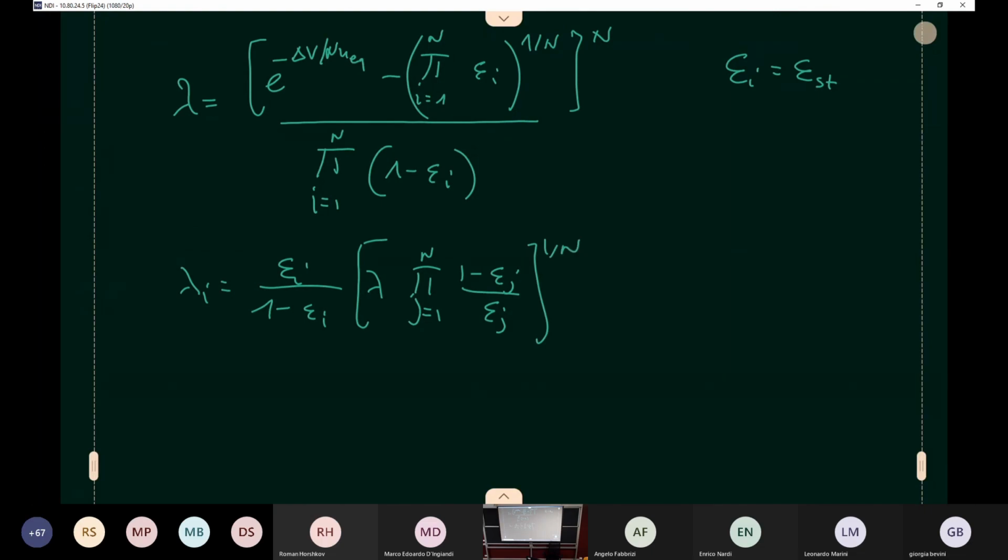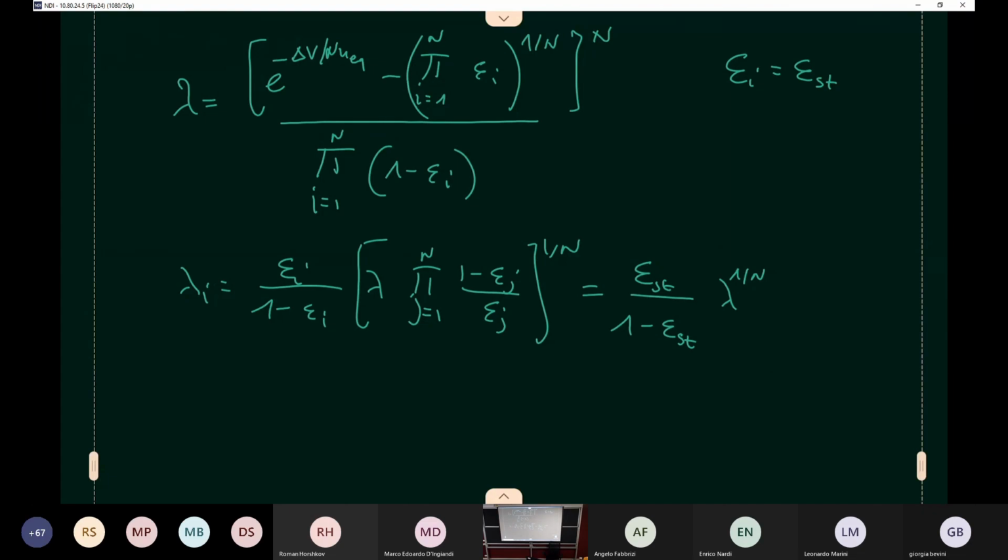If we consider the same value of epsilon for each stage, this lambda I will be epsilon over 1 minus epsilon that multiplies lambda to the 1 over n, and then we have to multiply n times 1 minus epsilon over epsilon. That will be 1 minus epsilon over epsilon to the power n, and this must be then to the power 1 over n.